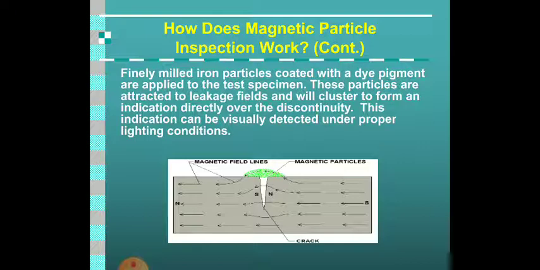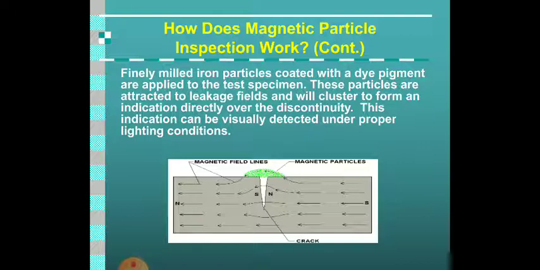The particles are made of iron coated with a dye pigment, and they are applied to the test specimen. These particles are attracted to the leakage field and will cluster to form an indication directly over the discontinuity. This indication can be visually detected under proper lighting conditions.